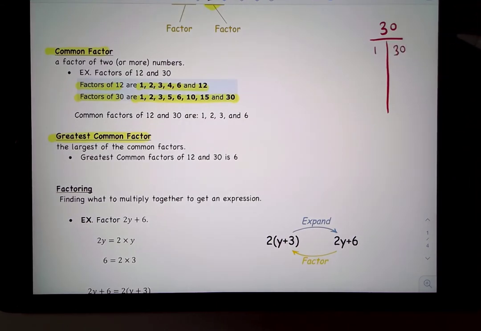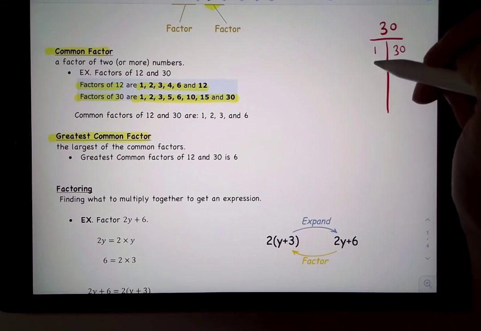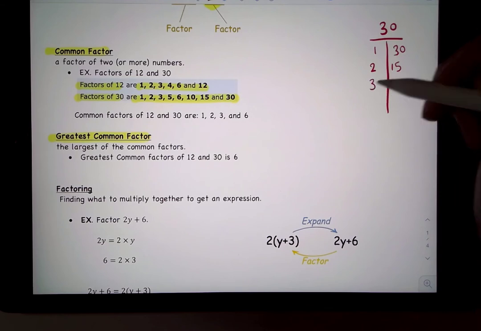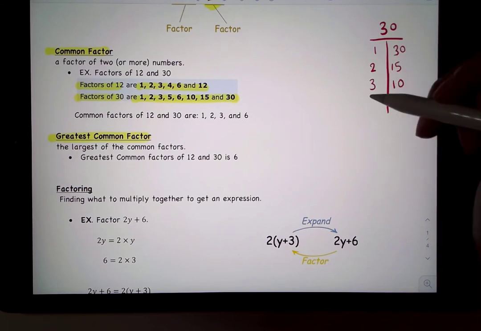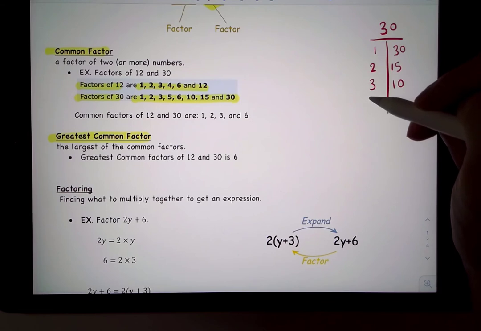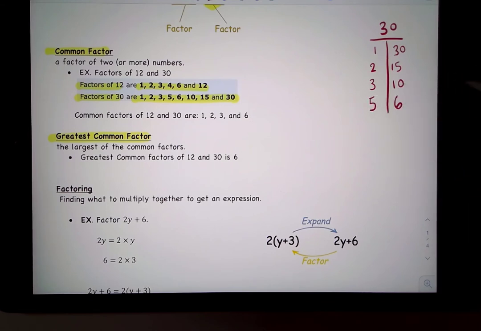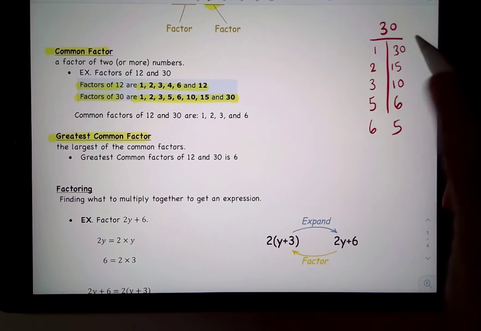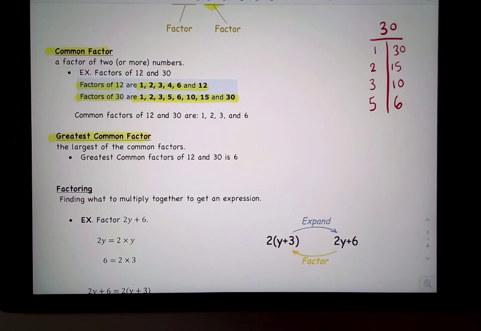You just go by the number. 1, and the next number 2. 2 and 15 makes 30. 3 and 10 makes 30. 4 does not go into 30, so we cannot divide it by 4; skip it. 5 times 6. Then 6 and 5 is the same pair, so you don't have to write it twice. When you complete this table, you will see 1, 2, 3, 5, 6, 10, 15, 30. Those are the factors of 30.